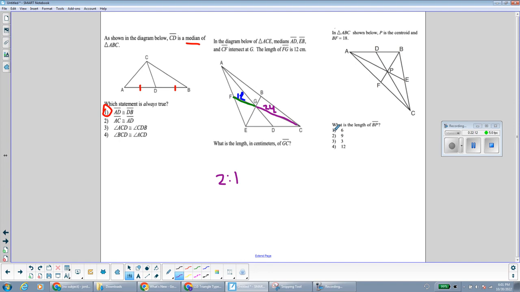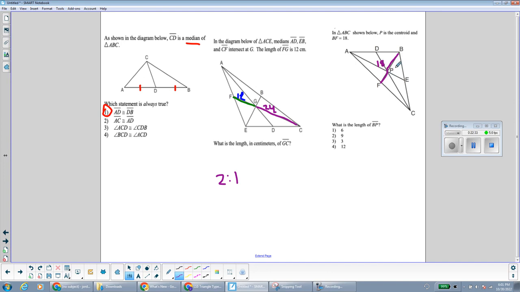Moving on to the next one, we're told that P is the centroid. The centroid is where the medians meet, so all of these segments here are medians. And we're told that BF, the whole median here, is 18. We need to find BP.